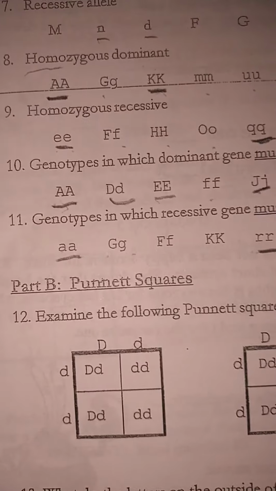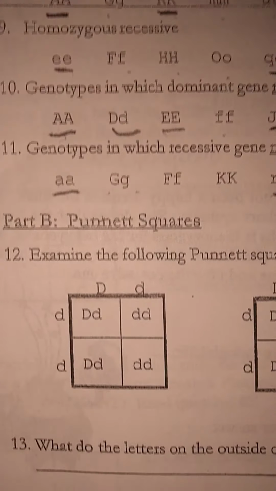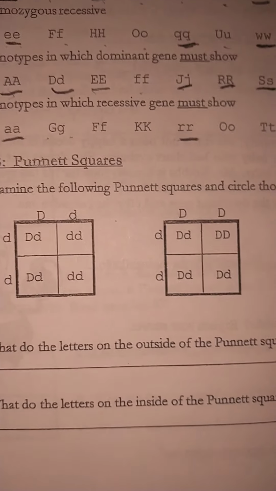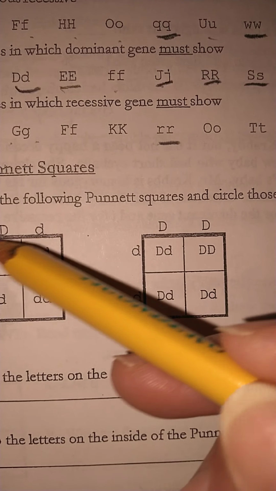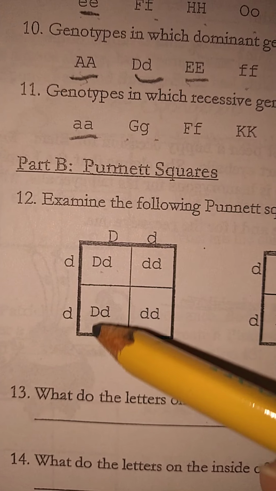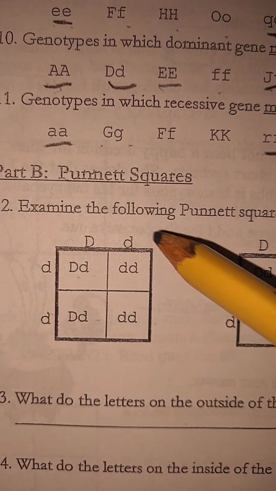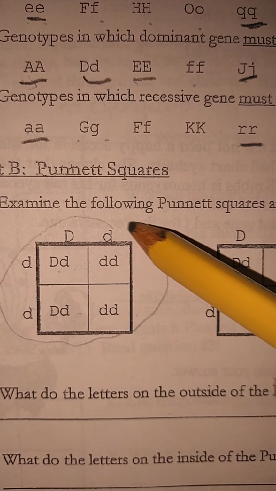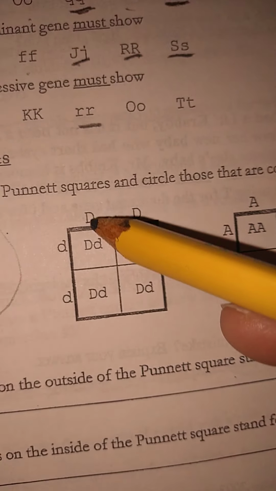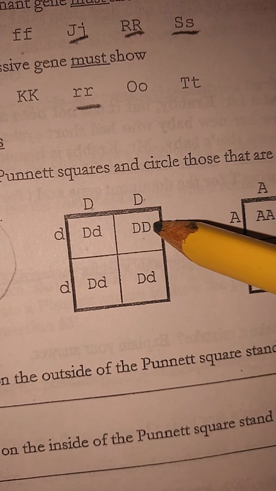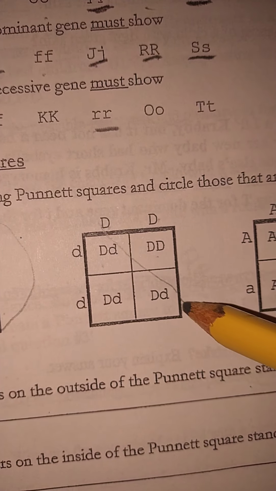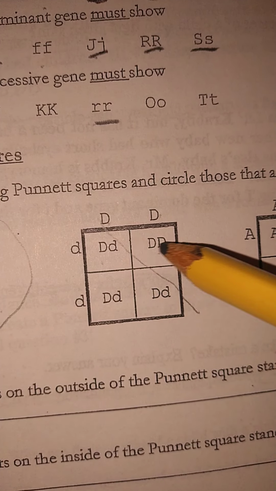Examine the following Punnett squares and circle those that are correct. Well, let's see. Big D, little d, little d, little d. Well, that one appears to be correct. Big D, little d, big D, whoop. Okay, so that one is not, because this will have a big D and a little d.